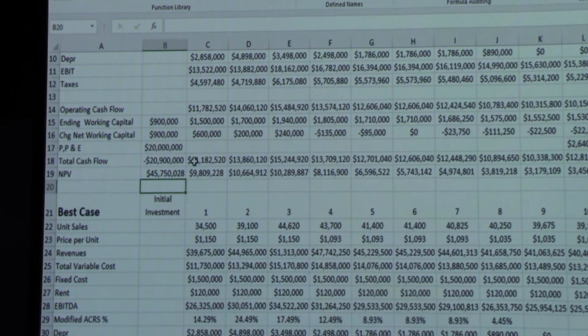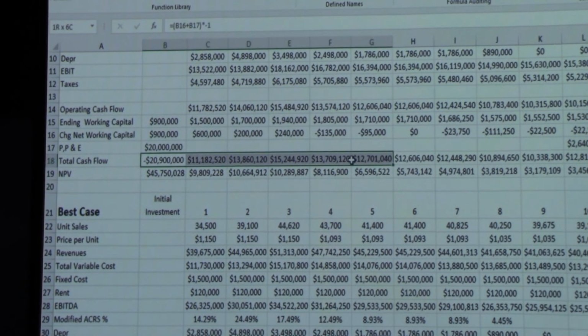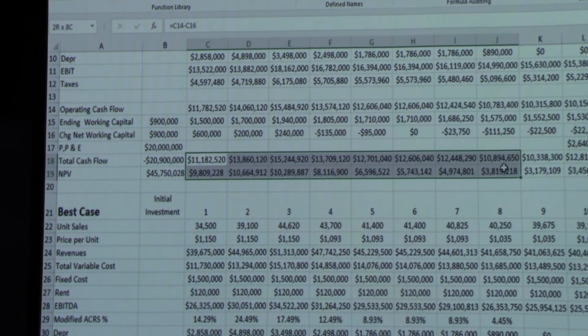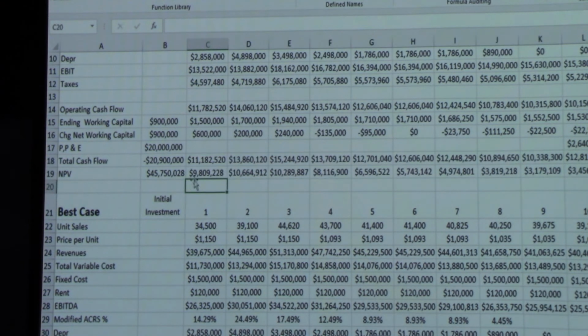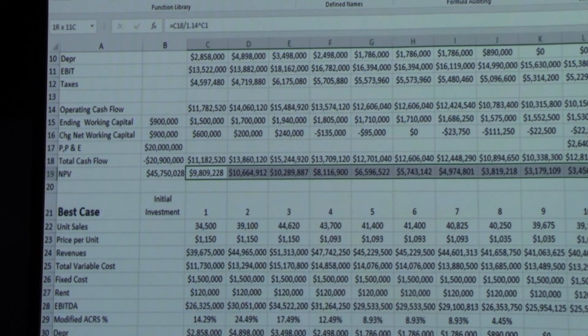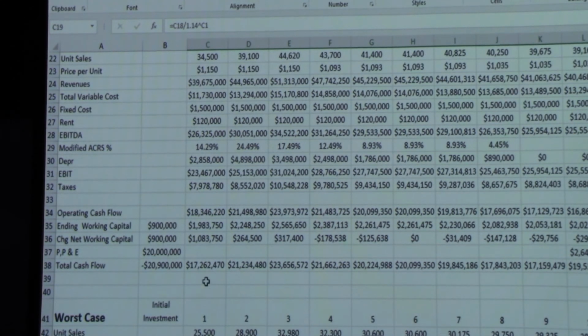It is the present value of the cash inflows minus the present value of the cost. All right, so let's go ahead and copy that. Now we have it, so let's go ahead and copy it to right there.